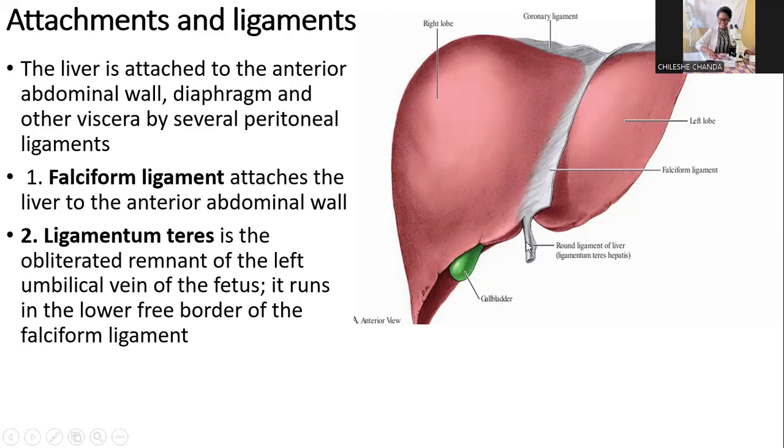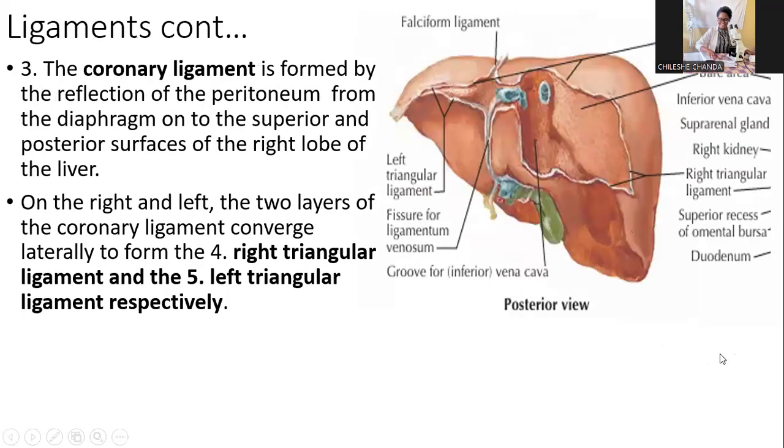This is a remnant of the left umbilical vein. As a fetus is growing in the mother's womb, they have a left and right umbilical vein, but as the fetus grows, the left umbilical vein obliterates, meaning it stops functioning. So it remains, and in an adult, it forms a ligament. This ligament is therefore known as the ligamentum teres.